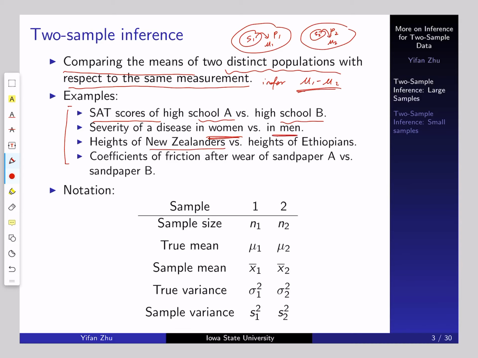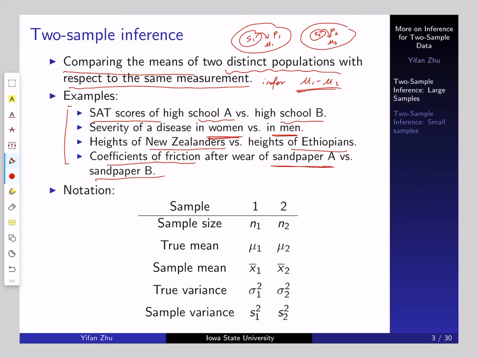Heights of New Zealanders and heights of Ethiopians. And coefficients of friction after wear of sandpaper A versus sandpaper B. So these are all examples of two sample inference.